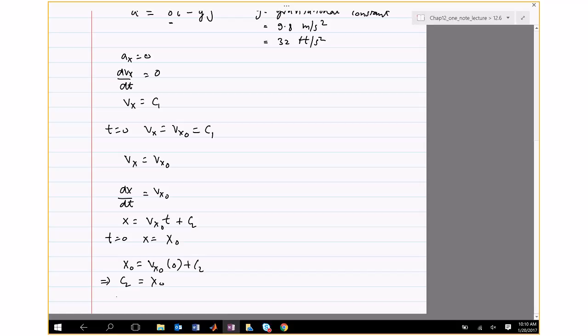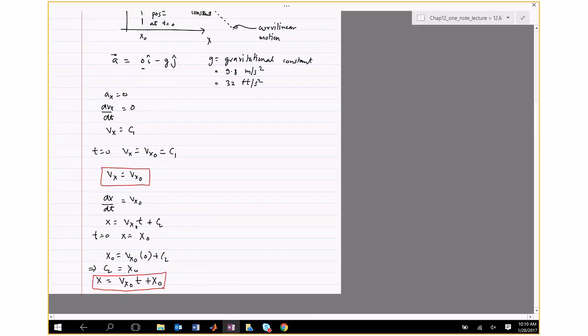So x is vx0 t plus x0. What it means is that when you launch a particle under the effect of gravity, the x component of the velocity remains constant. It doesn't change with time. However, the x position changes linearly with time because the velocity is constant.